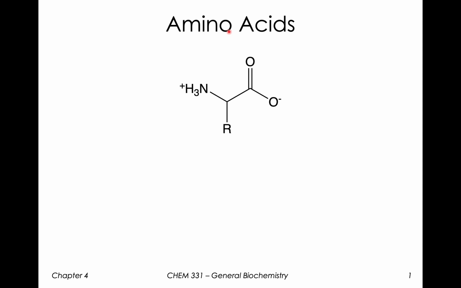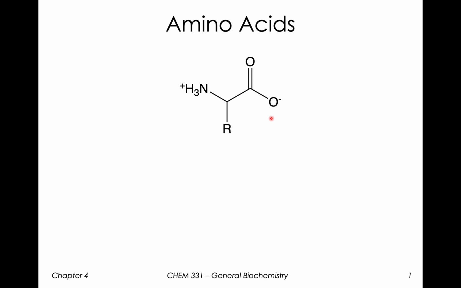So again, amino acids are named amino acids because they have an amino group and a carboxylic acid group, and we're going to have these protonation states. NH3 is going to be protonated here because the pKa of protonated amines, 9 to 10, is greater than physiological pH.